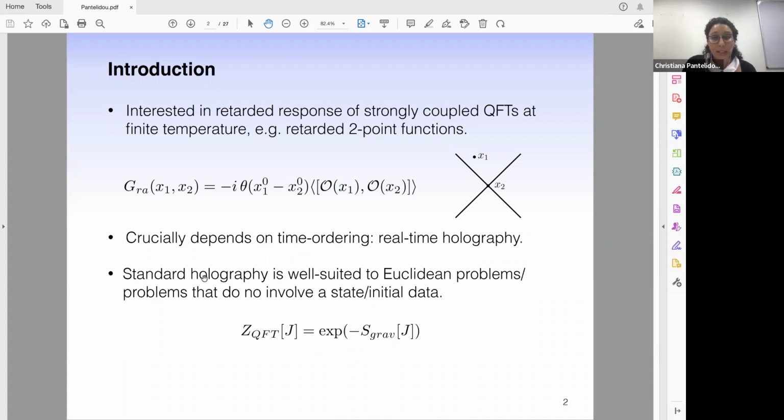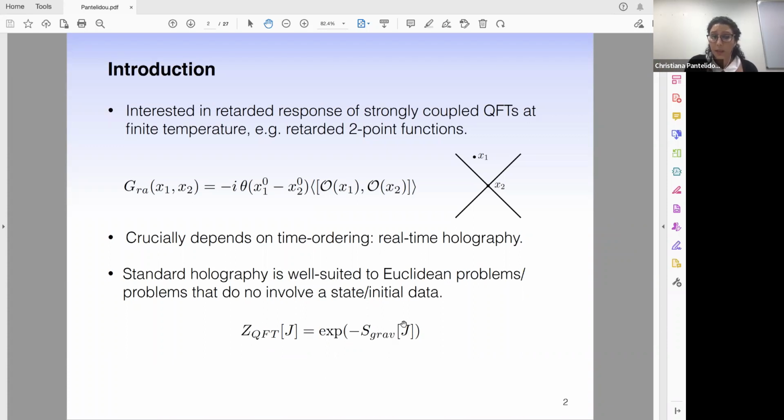Standard holography is the statement that I summarize here. It says that the partition function of the quantum field theory is equivalent with a string theory path integral approximated by evaluating it on a gravitational saddle point. The sources in the quantum field theory become boundary conditions that we need to impose on our fields in the bulk.